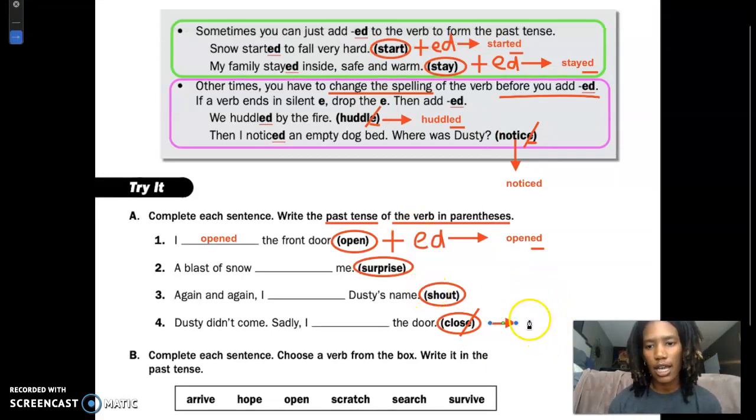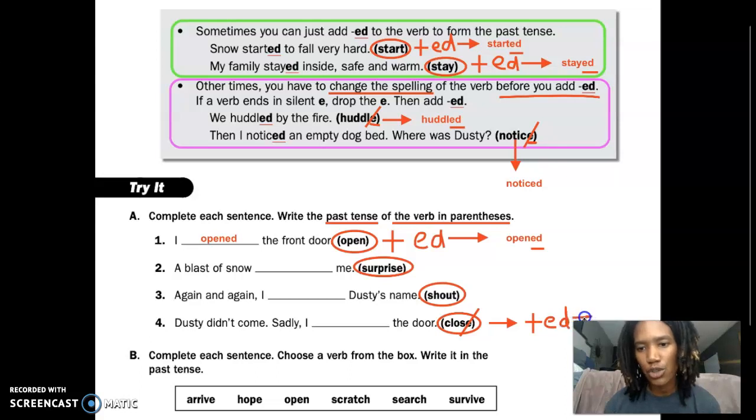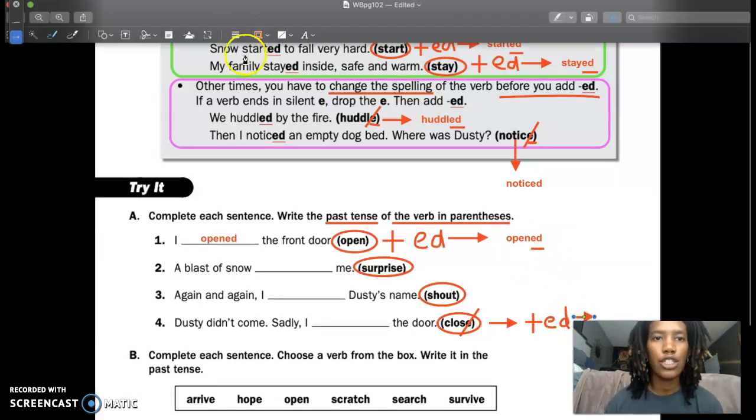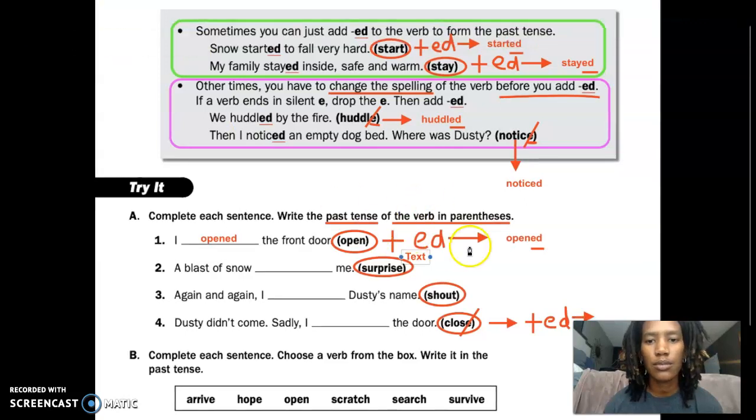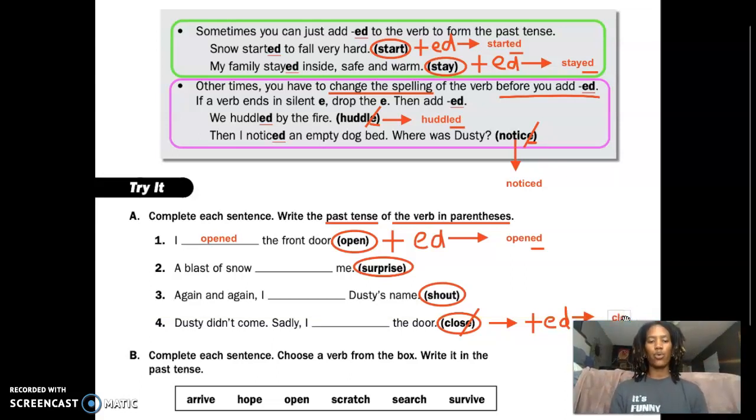and I do plus ED. And then that changes to CLOSED, right?